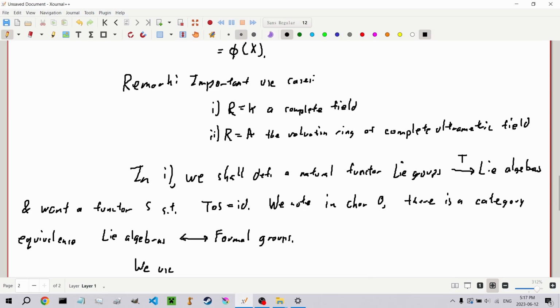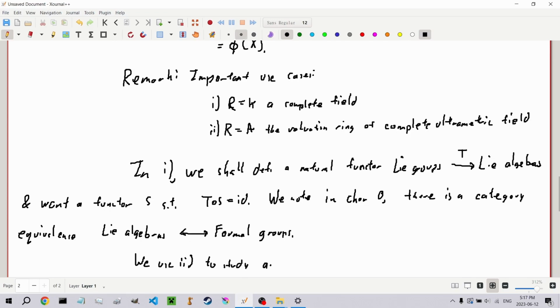We are going to also then use case 2 to study analytic groups, which I'm going to go ahead and write as Lie groups over a complete ultrametric field K.